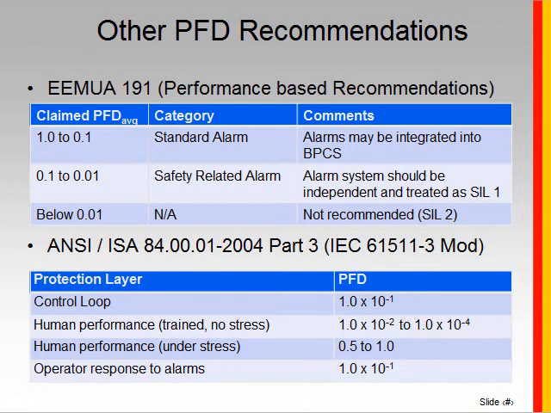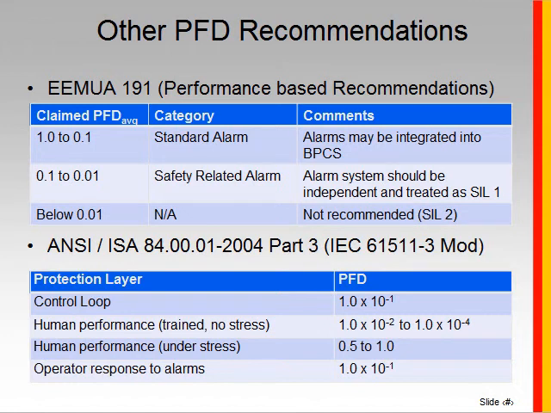There are other recommendations for PFD in the literature. One good reference is the EEMUA 191 guidelines, which again has some performance-based recommendations for PFD. Here they describe their recommendations on what PFD to use based on the origin of the alarm and its design.